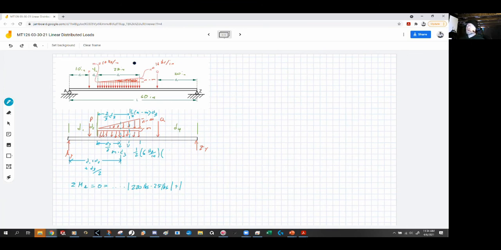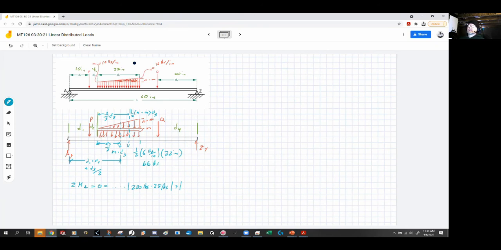Oops, nope. Times d3 total. Okay, so that's 22 inches. There we go, 22 inches. All right, so 1/2 times that is not going to be too bad. So 1/2 times 22 is 11. So we got 66 pounds is the total of the triangle.